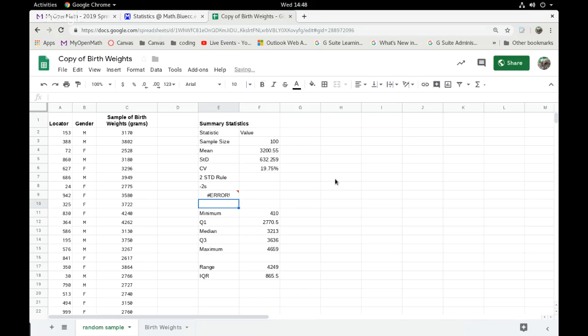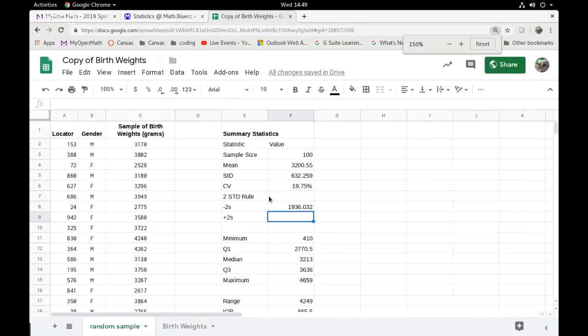Remember, you can't have standard deviations without the mean, and the computer didn't like the way I typed that. Let's try again. If you do a little apostrophe, then it will treat it as text, so plus 2s. All right, there we go. So to make those calculations, I'm just going to have to start at the mean and subtract 2 times the standard deviation.